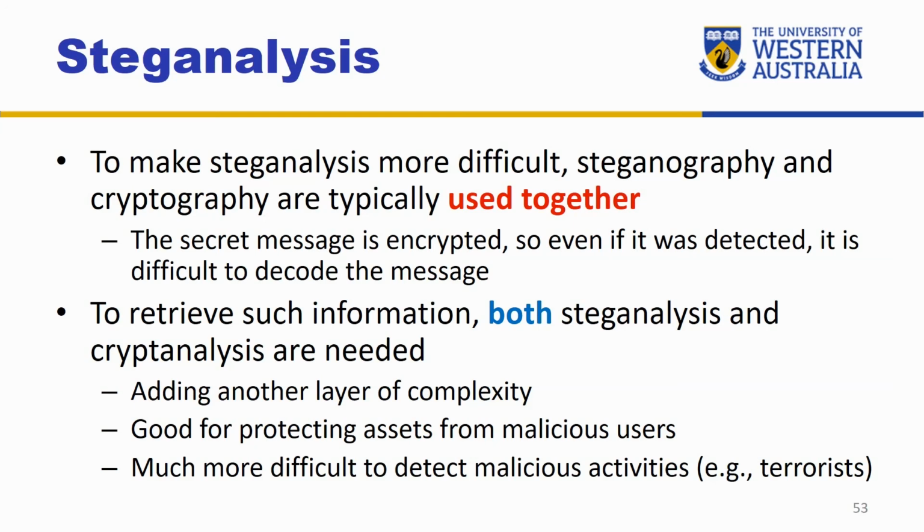So this is quite difficult when both of those techniques have been used together. So to retrieve such information, we need to actually apply both Steganalysis and cryptanalysis on a retrieved data. And this obviously adds another layer of complexity.